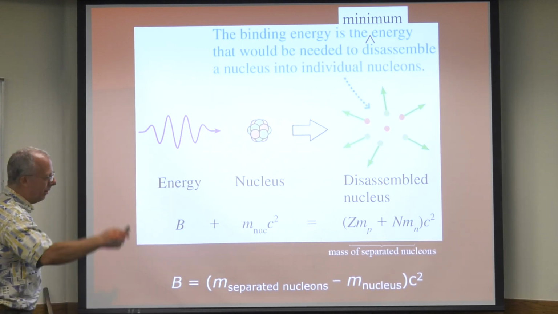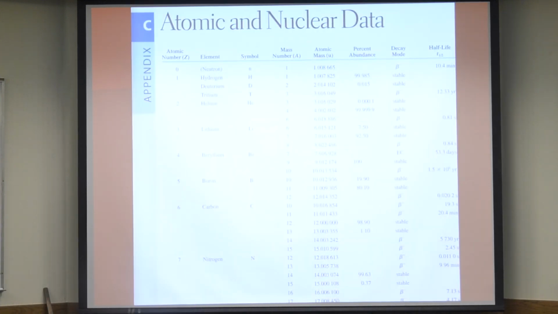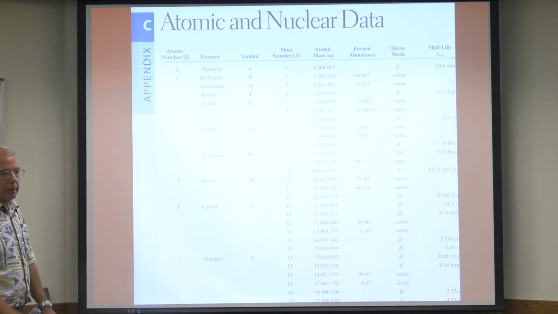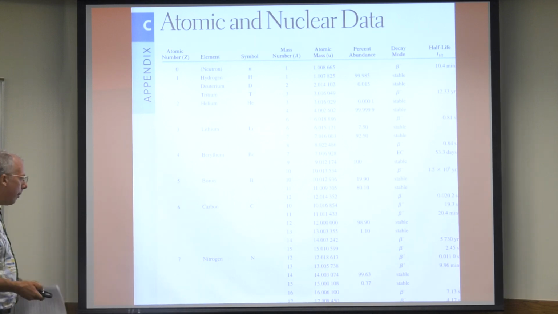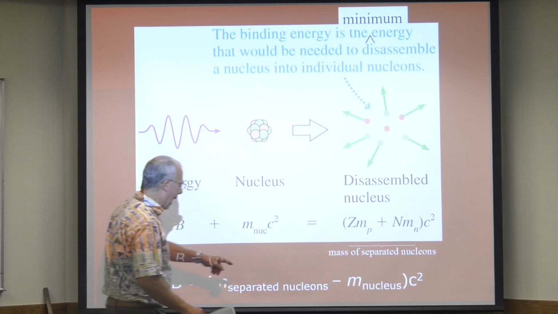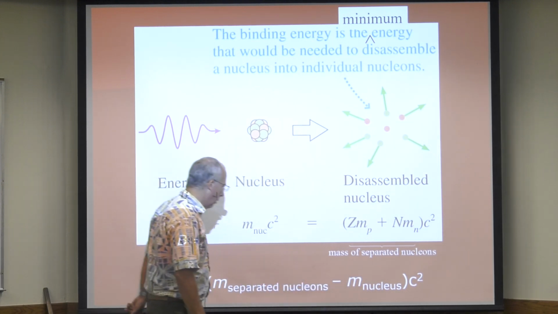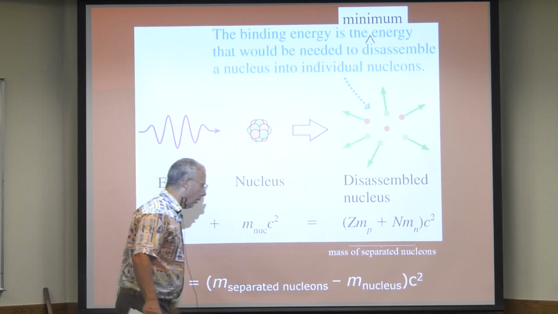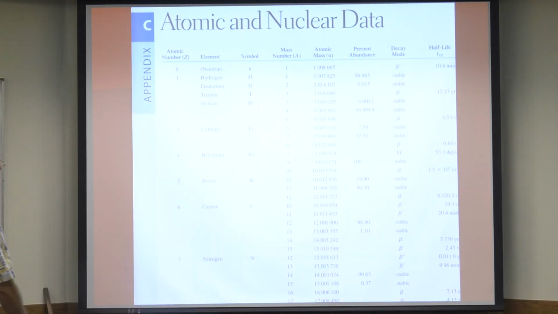But there's a problem. Here's Appendix C in our book. Now remember, what we want is the mass of the nucleus and the mass of the separated nucleons. But then you look in the appendix, and it says atomic and nuclear data.